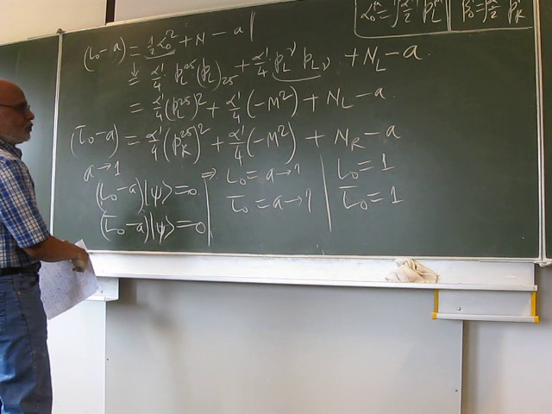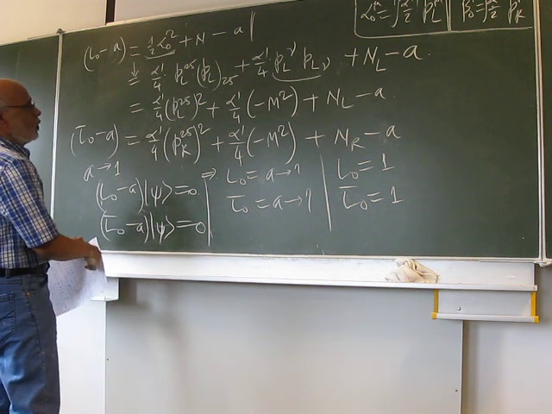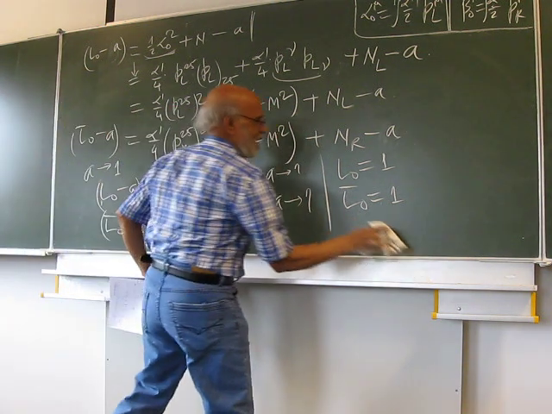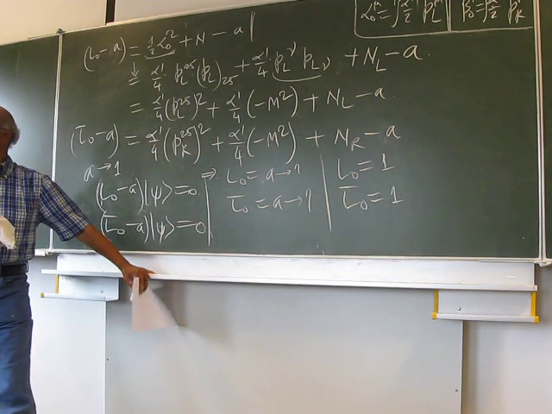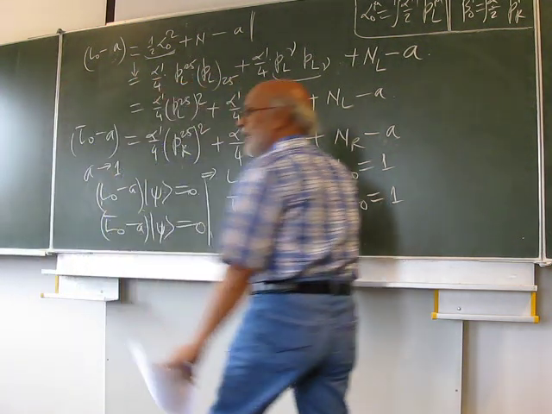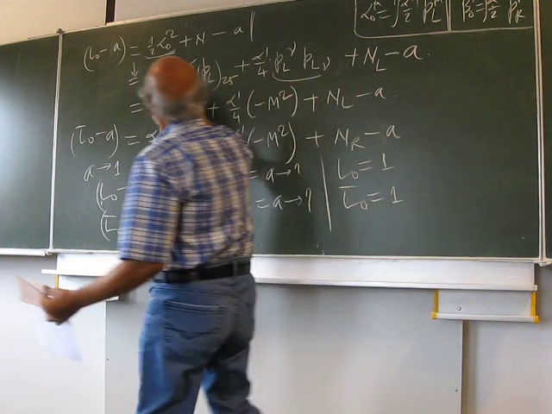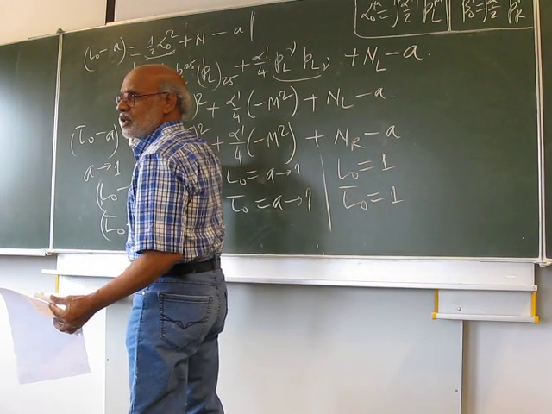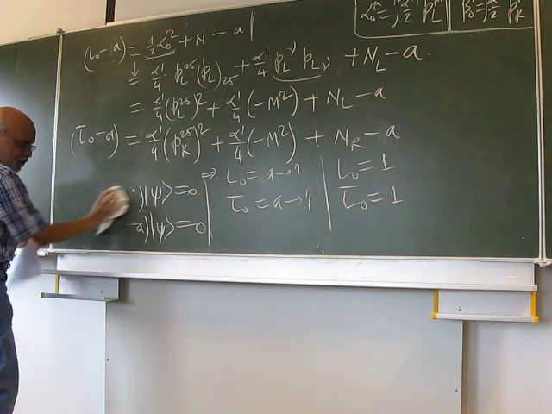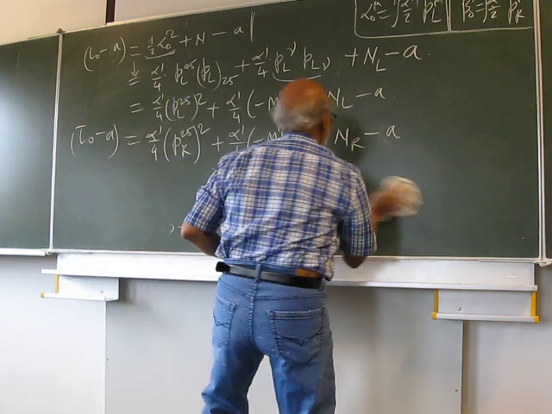Okay, so let me remove these last lines. What we are going to do is we are going to put L0 equal to A, L0 bar equal to A. That's it. In these two equations. So that means we are using these equations in our equations.